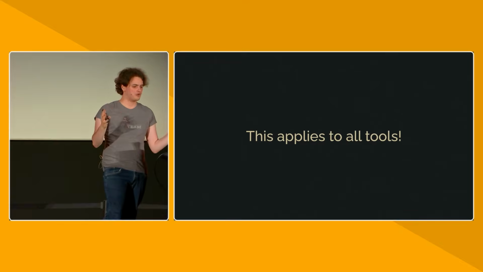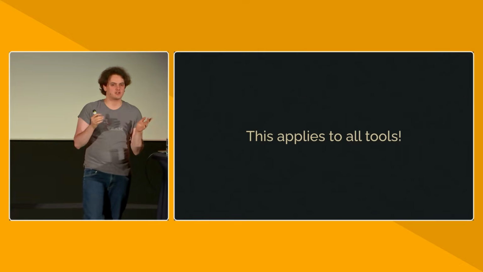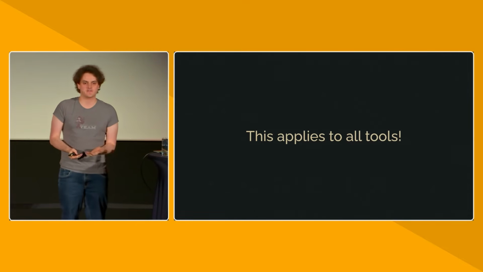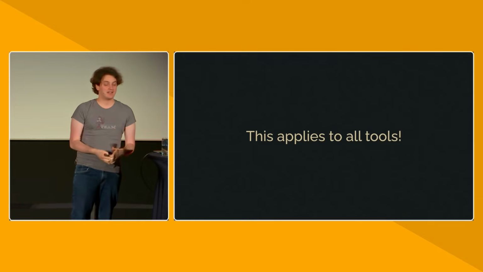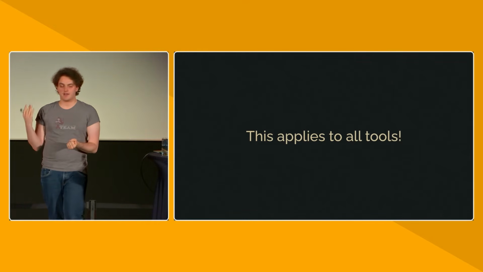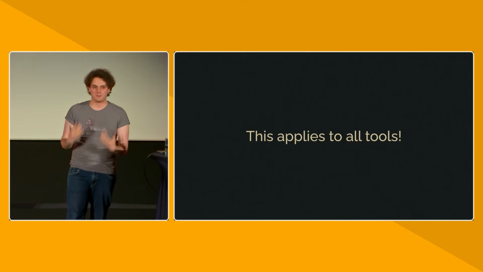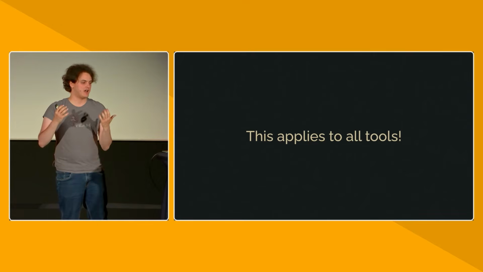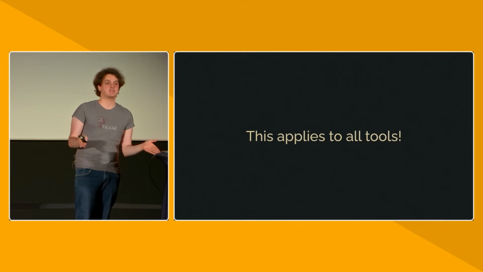This applies to all tools. I focused today a lot on toolchains for programming languages because that's what I like to work on and what I'm familiar with. But I made these slides in Typst. Typst is a new alternative to LaTeX, and its error messages and compiler suggestions are miles ahead of what LaTeX does.